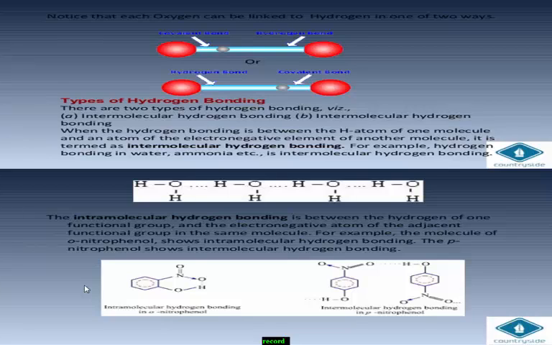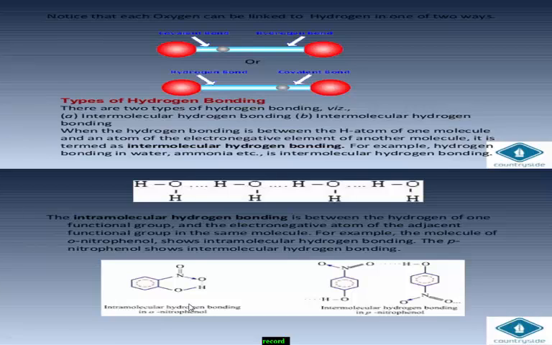One is orthonitrophenol. Observe the structure carefully. Here the oxygen atom and hydrogen atom contain a force of attraction, and it is also called hydrogen bonding. Especially here the bond is present between the atoms within the molecule, right? Therefore it is an example of intramolecular hydrogen bonding.